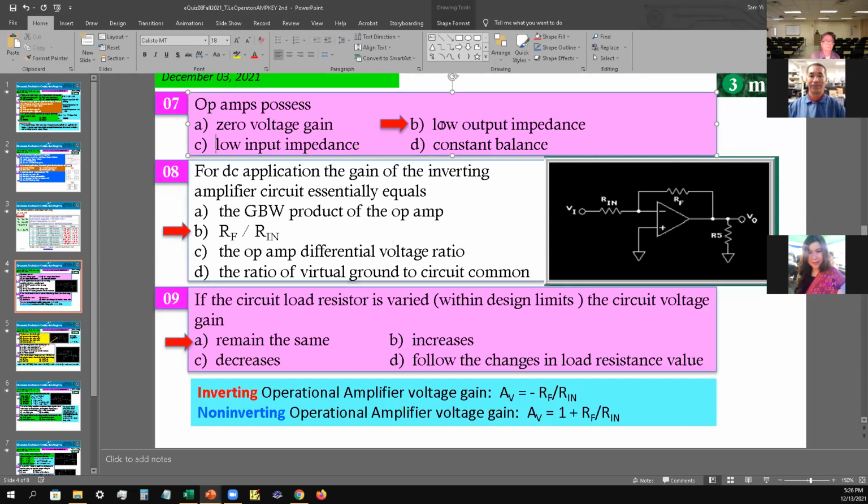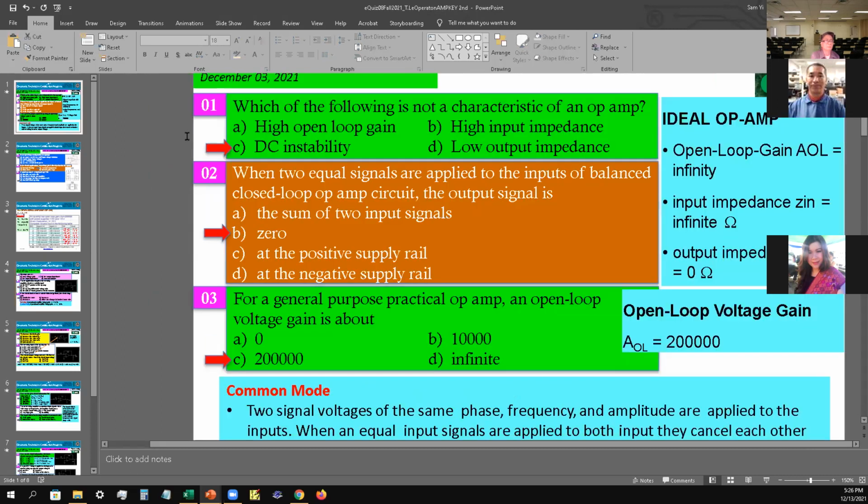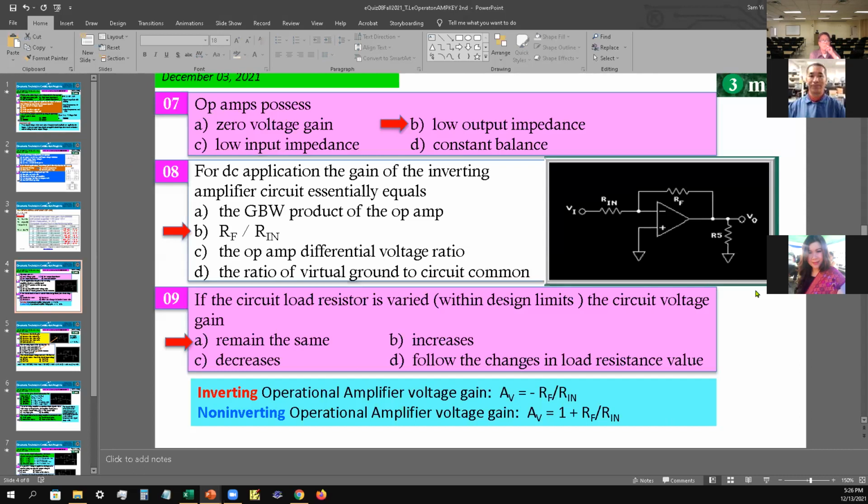No, the only thing that applies is low output impedance. So the answer is B as in Bob for number 7. That goes back into this one right here, the output impedance and the input impedance and the open loop gain. So we want low output impedance. So B as in Bob for number 7.